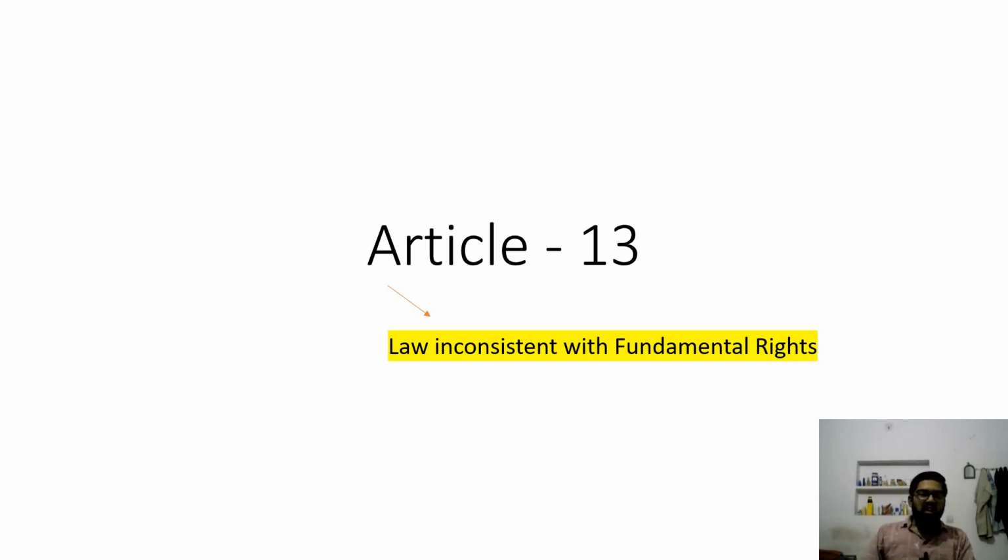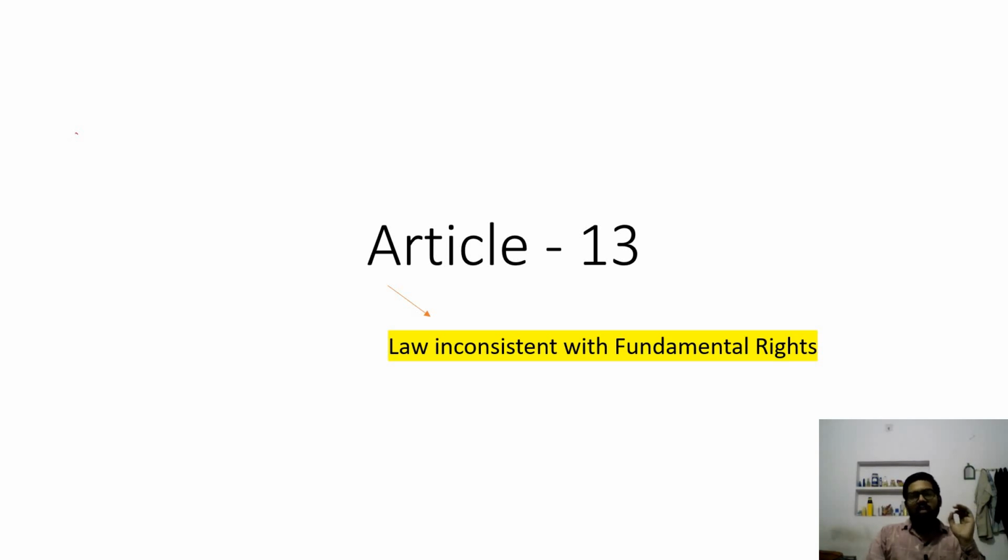Article 13, law inconsistent with fundamental rights. Article 13 talks about inconsistent laws. Then you can ask one thing, that sir, what are inconsistent laws? Which law is inconsistent? This inconsistency talks about law against fundamental rights.